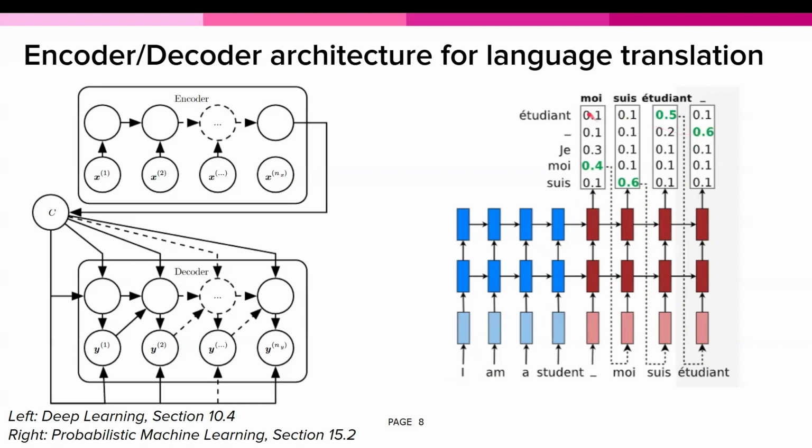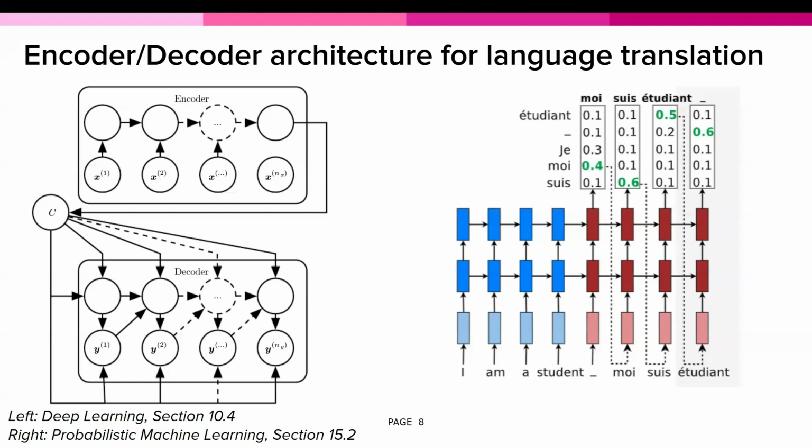At each step, the most likely word in French is highlighted in green, and then fed into the next step of the decoder to inform the next word prediction.